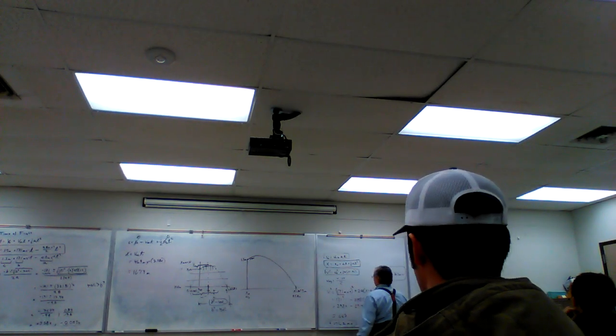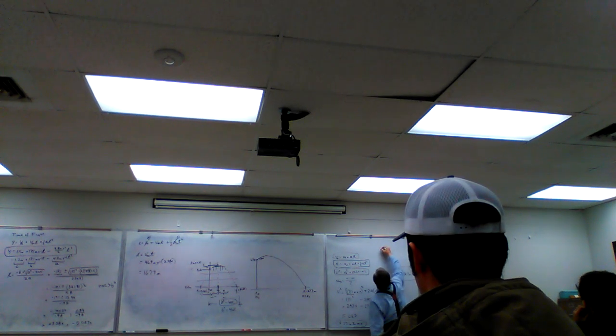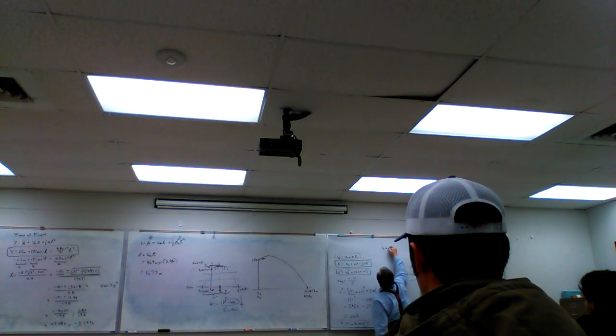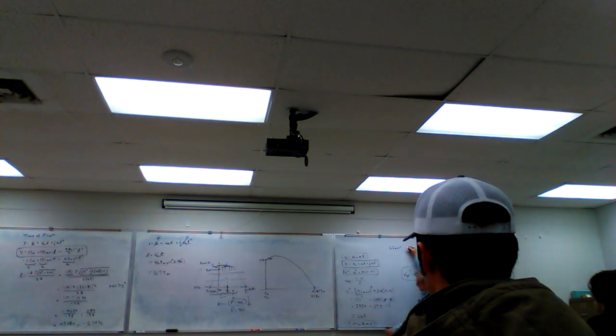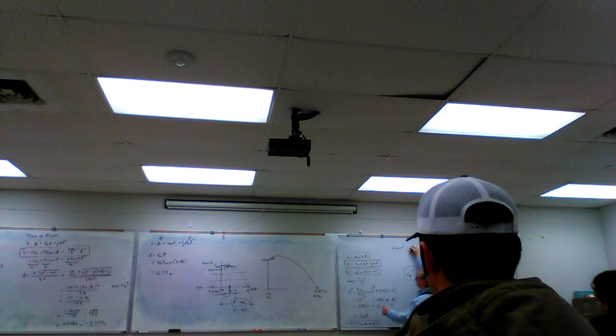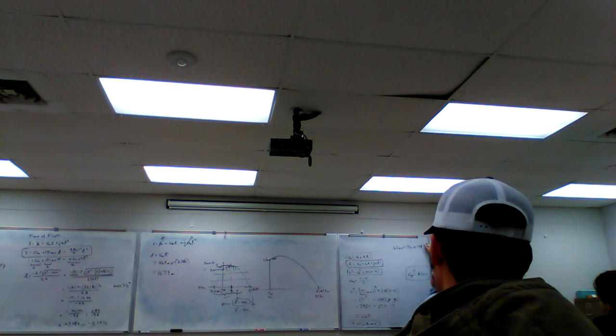If we set 16.2 meters per second equal to the initial velocity of, what was our initial velocity? 17.1 meters per second? Minus 9.8 meters per second squared times 3.58 seconds.